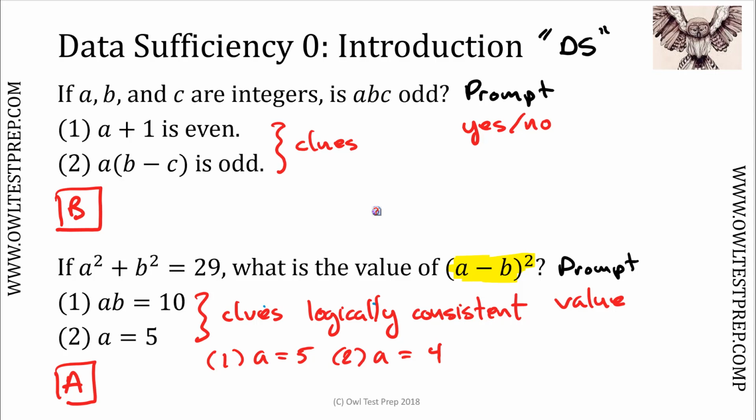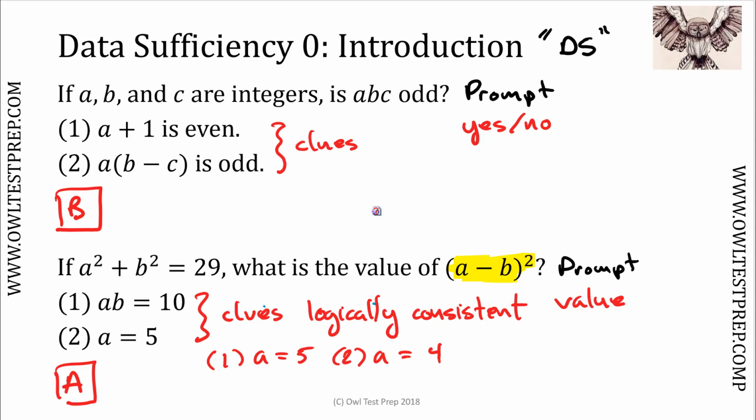And it turns out that 2, if you correctly interpret it, is sufficient to tell you whether ABC is odd. That doesn't necessarily mean that it is the fact that ABC is odd. It could be even, and that would be a no to our yes-no question, right?